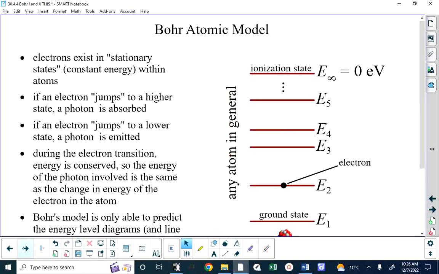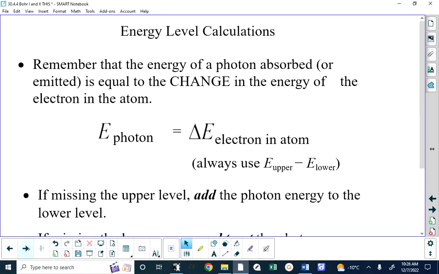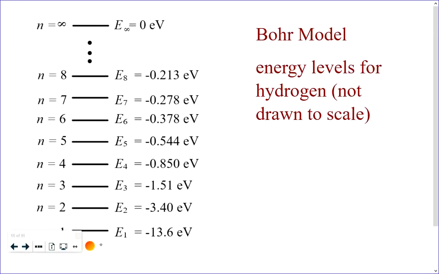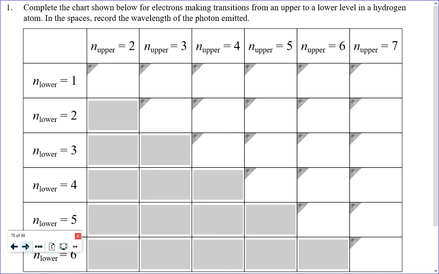What is your assignment? Your assignment is to complete 1 to 3 on page 17. Now let's just take less than a minute and talk about number 3. Number 1 asks you to complete this table.